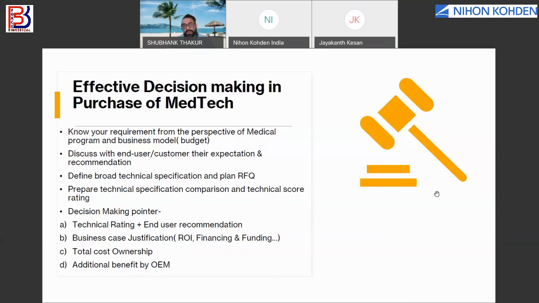It's very important to start by knowing why you want to purchase any technology or equipment. This is a collaboration of two different thinking heads: a business head and a clinical head. The management is part of the business decision making, and there is a clinician who requires equipment and technology because clinically it is required.